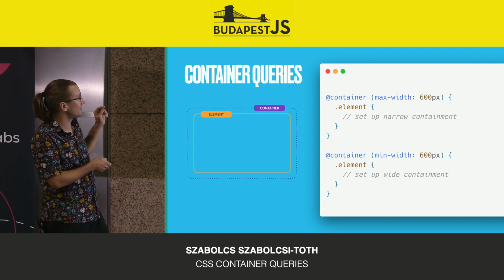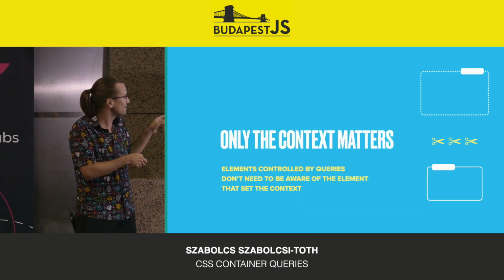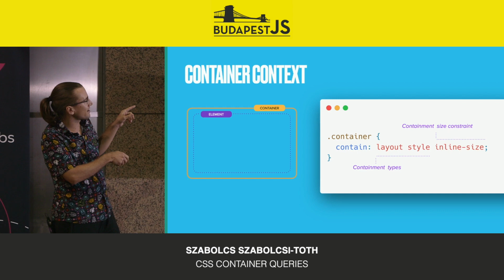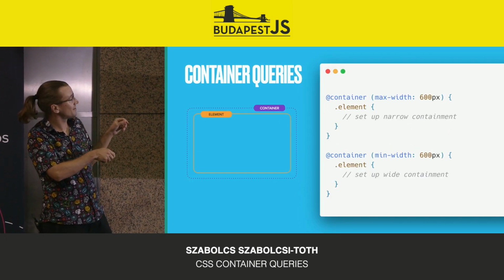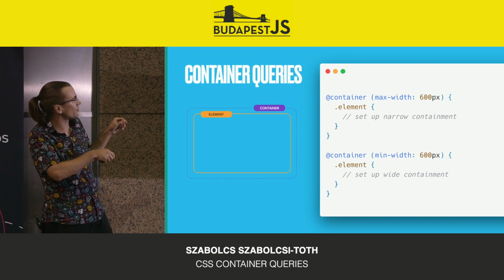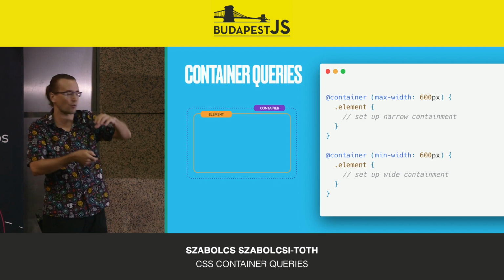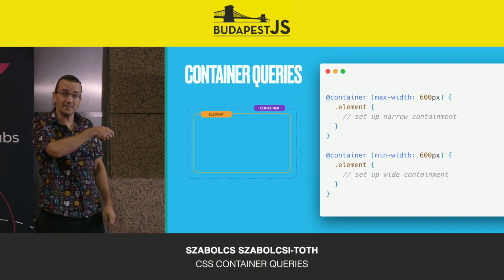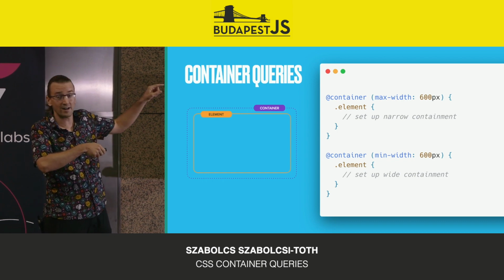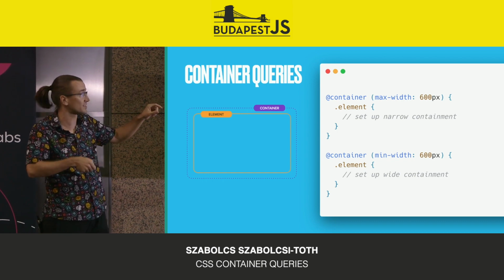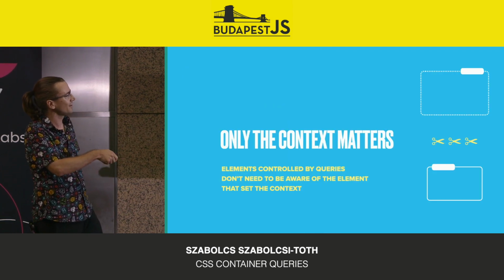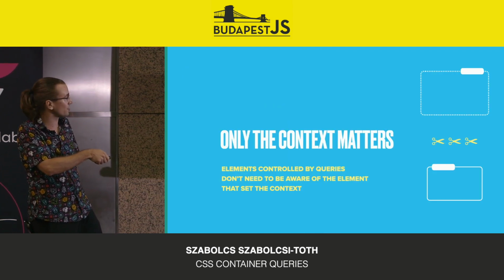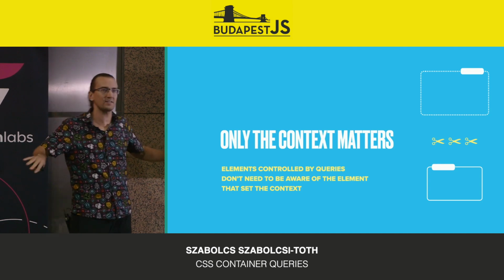And the amazing thing here is, this is my container class, and this is my element class, and this is the rule set for the element within the container context. You cannot see the container style rule here. You cannot see the name of it. It's not .container, it's something else. This means the container and the element inside it have been completely separated.